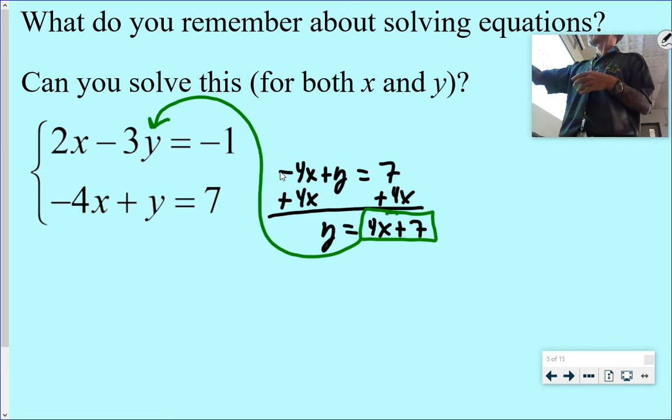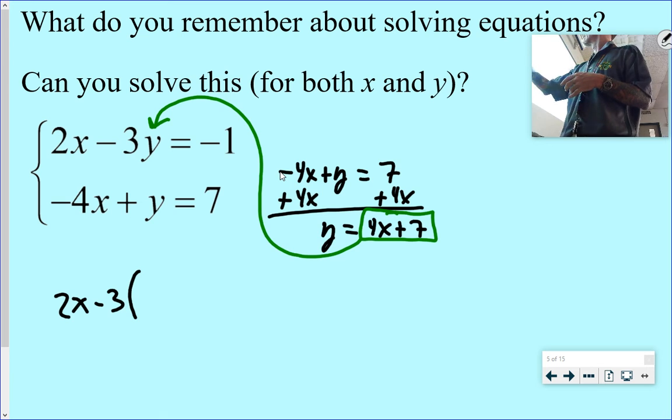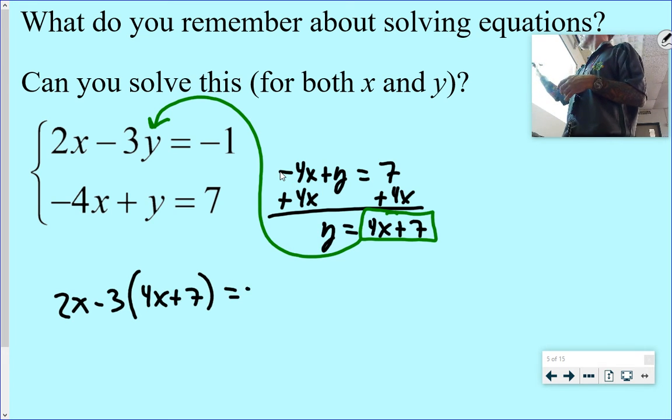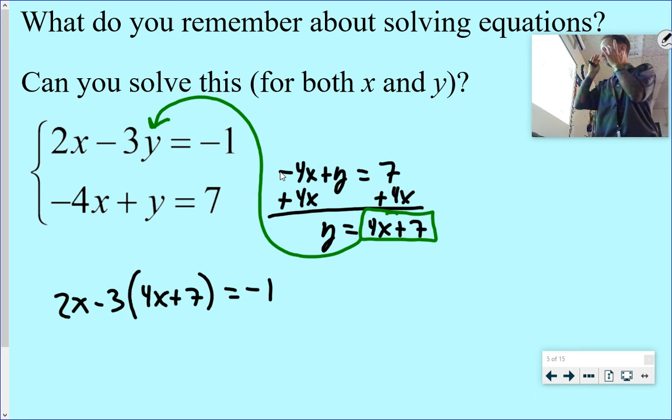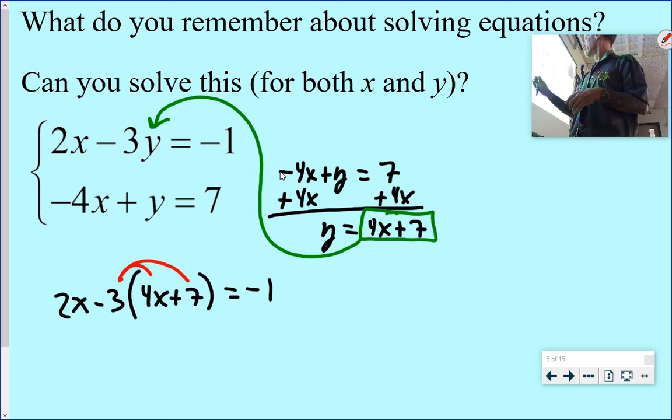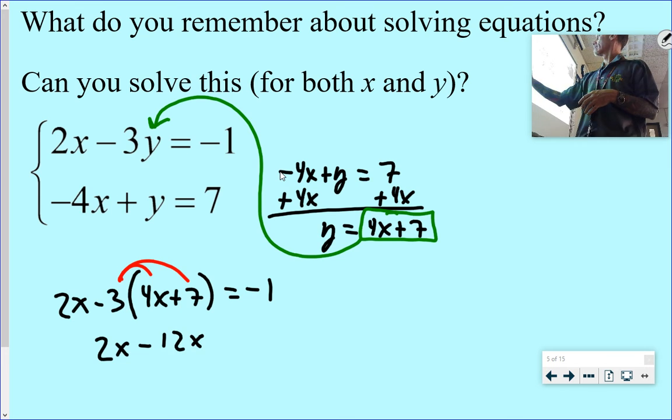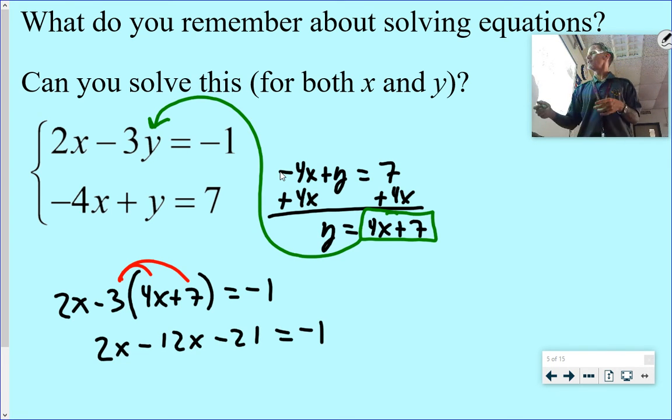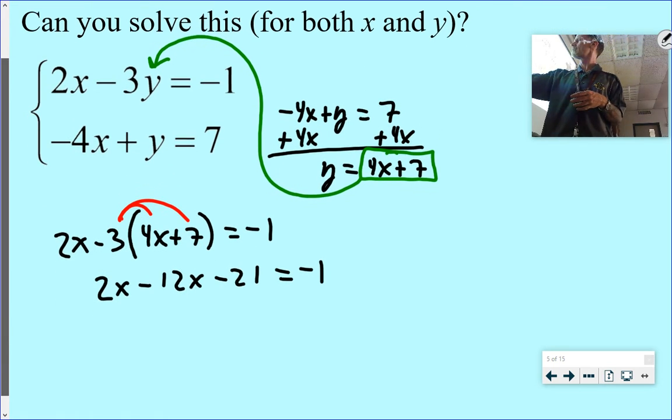What that's going to look like is 2x minus 3 times parentheses, 4x plus 7, equals negative 1. And again, you have to distribute. We'll have 2x minus 12x minus 21 equals negative 1. Keep doing your algebra to solve that for x.